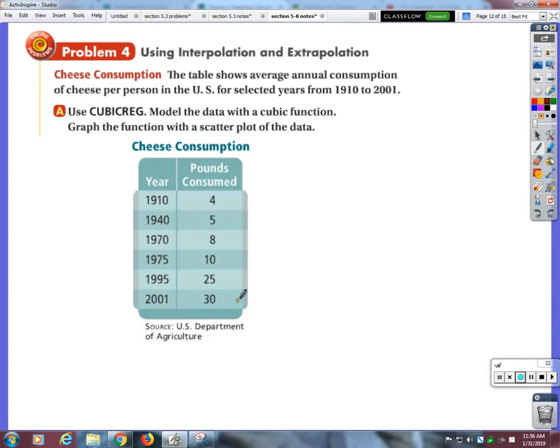All right, so same thing as before. I am going to turn 1910 into 0, which means 1940 is 30, 65, 85, and then 91.